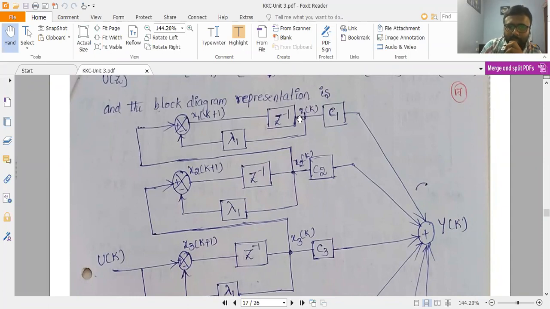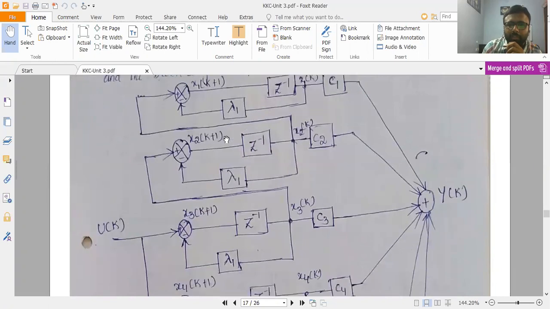That means these are the two terms. We are going to get x1 of k plus 1 at this particular summing point. So this is nothing but x2 coming here, and the next one is x1 of k into lambda 1.